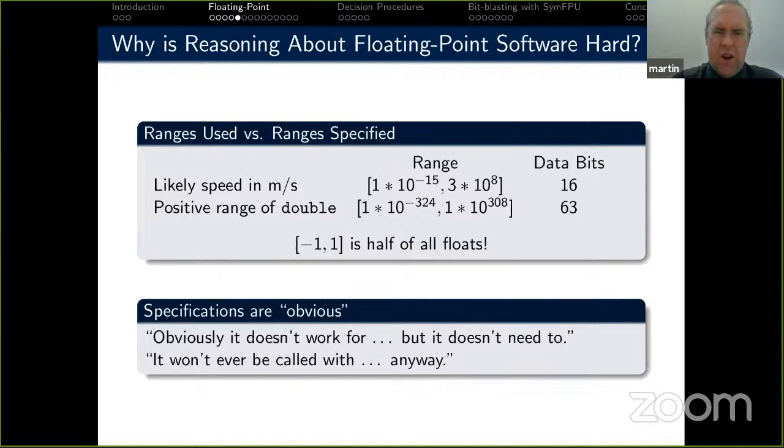Okay, well, how do you write down "it probably won't be that" as a precondition? I don't know, to me this is still a big unsolved problem. If you're trying to verify code with floating point in it, there's a real human dimension to it, and to my knowledge, no one's cracked it yet.